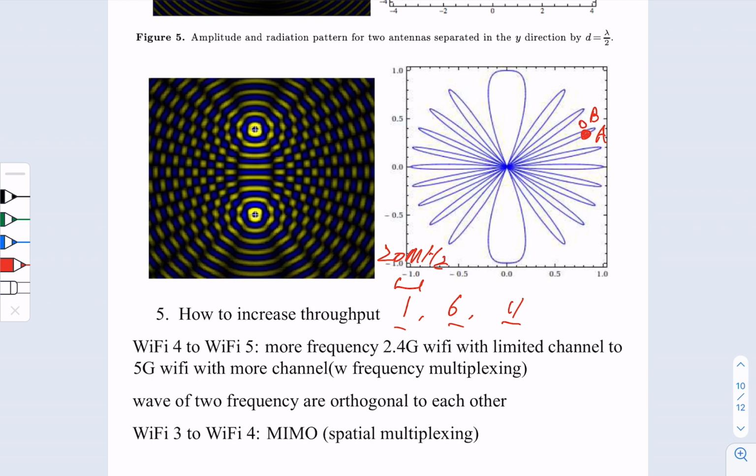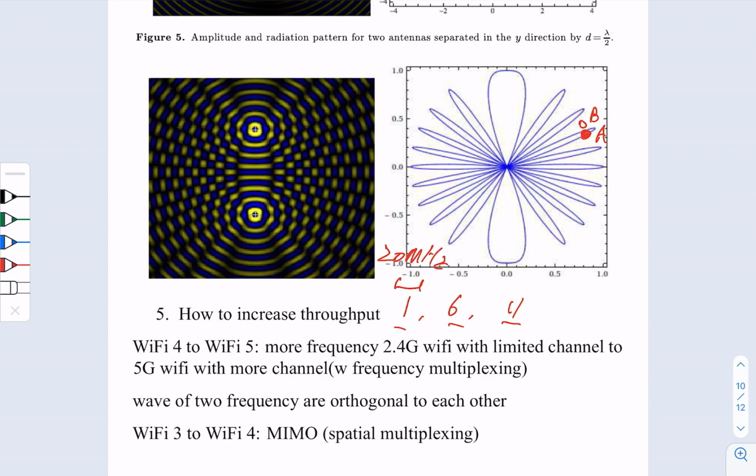So nowadays, if you look at the specifications for, say, your phone, typically you have at least two antennas. So this is the antenna of the receiver. And why does this help you?